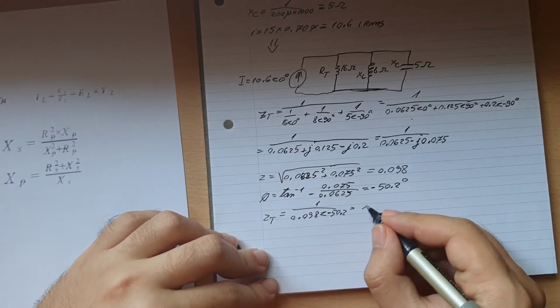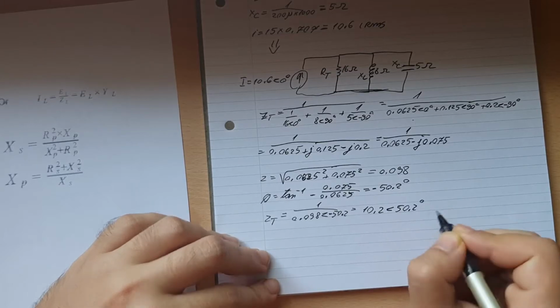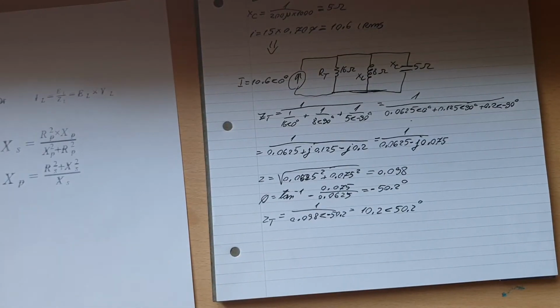That will be equal with 10.2 at an angle of 50.2 degrees. Okay, now the next step will be to convert ZT back to a rectangular form. So no, actually we don't need to do that.